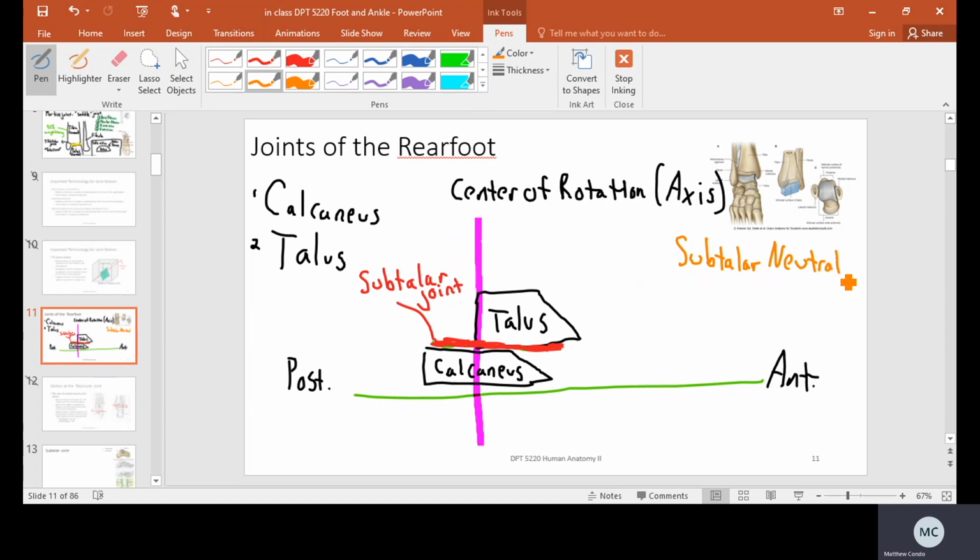What does that mean? It says what it is: it's a neutral position of the subtalar joint. Now, here's the fun fact of the day. For those of you who watched that therapist get subtalar neutral, how did they know they were getting subtalar neutral?